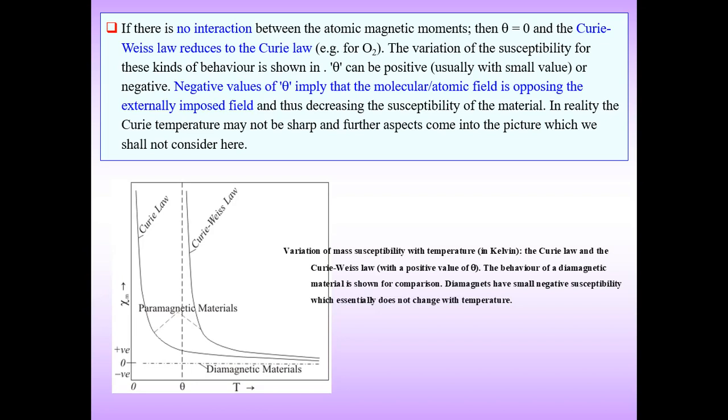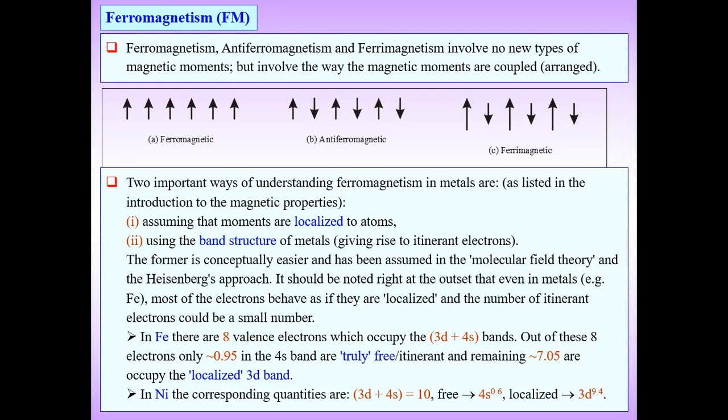As the field is increased or the temperature is lowered, the magnetization increases until it reaches the saturation value Ms, at which point all the dipoles are perfectly aligned with the field. Beyond this, Curie's law is no longer valid.